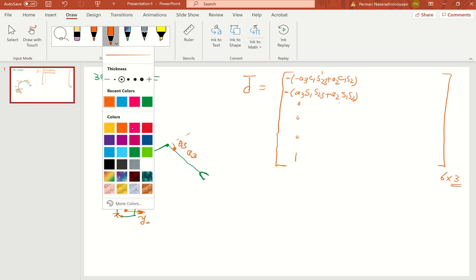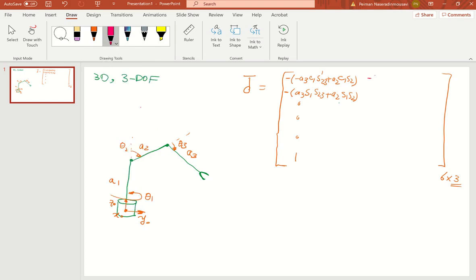The second line was minus s1 in a3 cosine 2 3 plus a2 cosine 2, and here was cosine 1 a3 cosine 2 3 plus a2 cosine 2. The third one was minus a3 cosine 1 square s prime 2 3 plus s1 square sine 2 3. You have your notes from part 14.